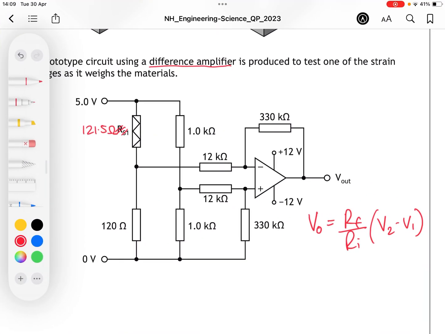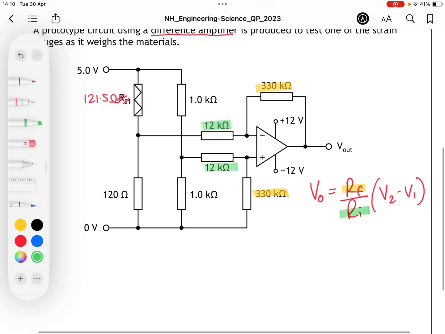I've got RF. RF is here, it's also here, and I've got RI, that's here. So now I just need to work out V2 and V1, and I can do that because I know the 2 values of the resistors in both of these voltage dividers.